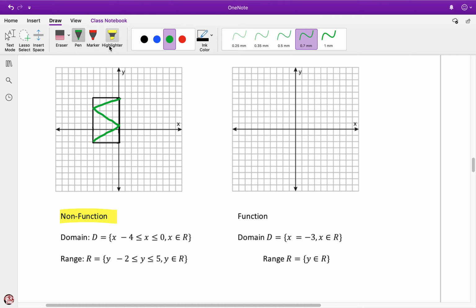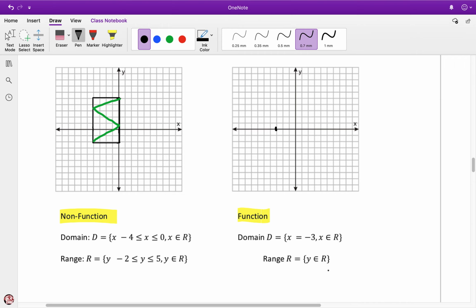Next one here, I need a function, so I know I have to have the vertical line test work. My domain says it's equal to -3. So it's equal to negative 3. Oh, I almost messed up there. 1, 2, 3. So I know it's equal here. It's only going to run along this.